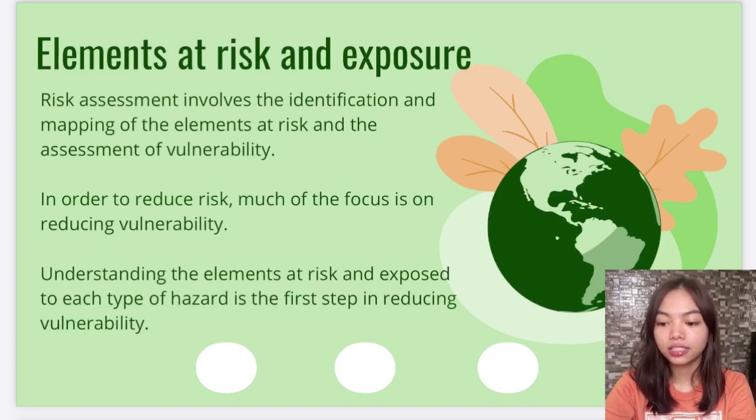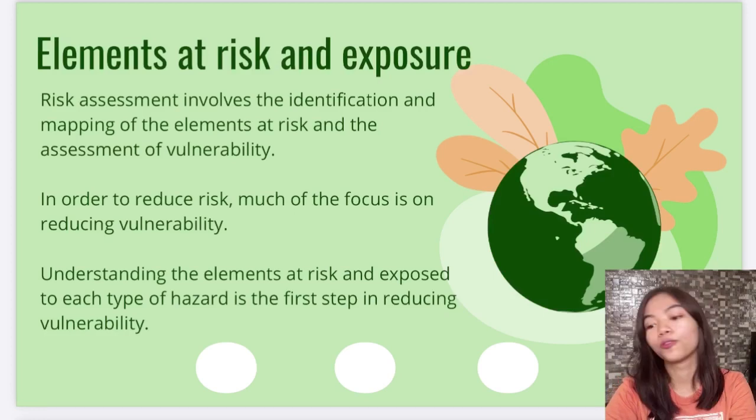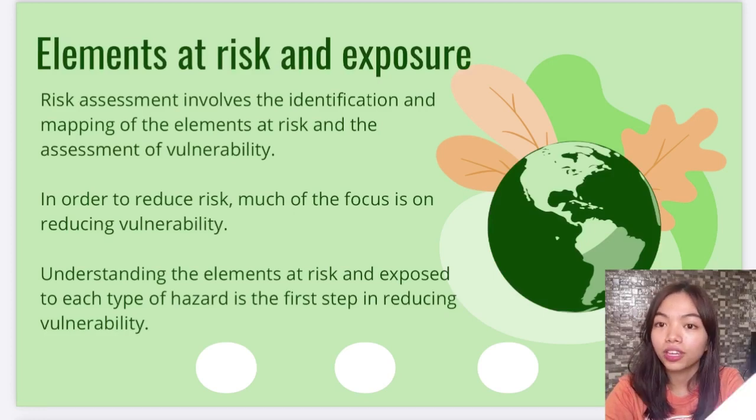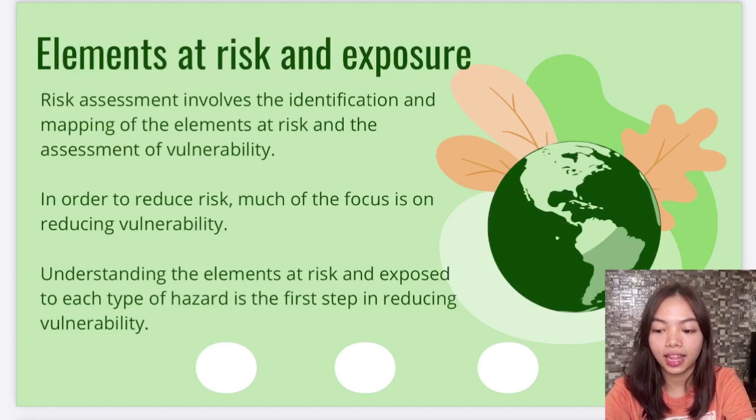In the second sentence, in order to reduce risk, much of the focus is on reducing vulnerability. The question is, how can we reduce vulnerability? So the third sentence is actually the answer to it. Understanding the elements at risk and exposed to each type of hazard is the first step in reducing vulnerability.